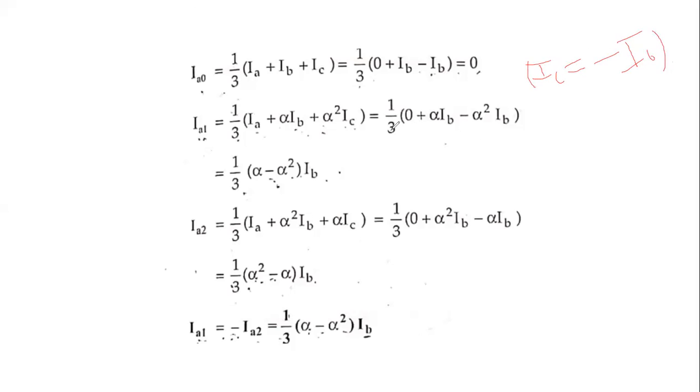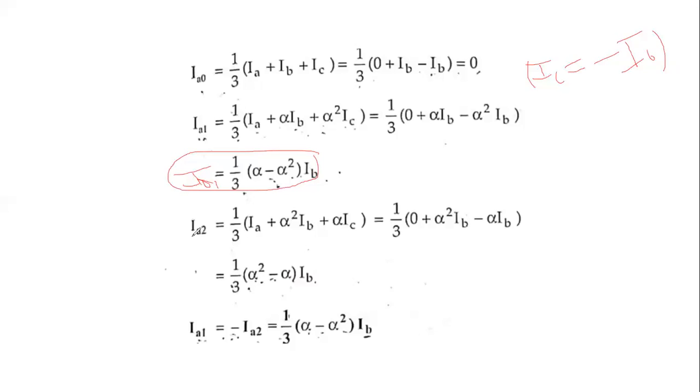We substitute minus IB in this formula, simplify this equation and take alpha minus alpha square IB common. Then we obtain IA1 is equal to 1/3 into alpha minus alpha square into IB.